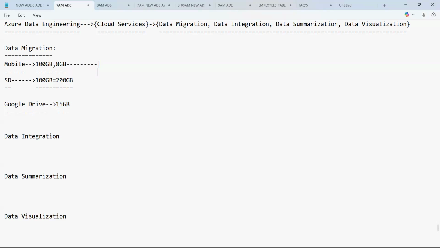this process of moving the data from the mobile phone to the Google Drive is called the process of what?